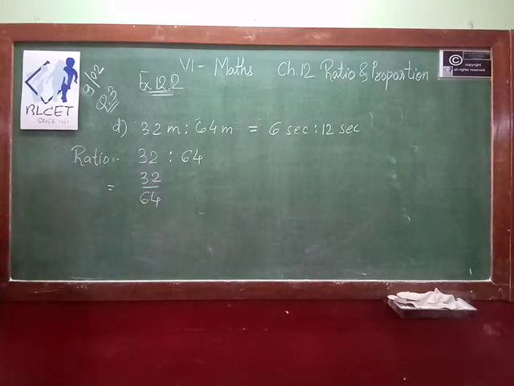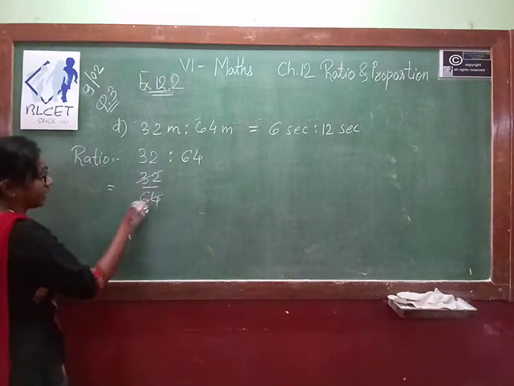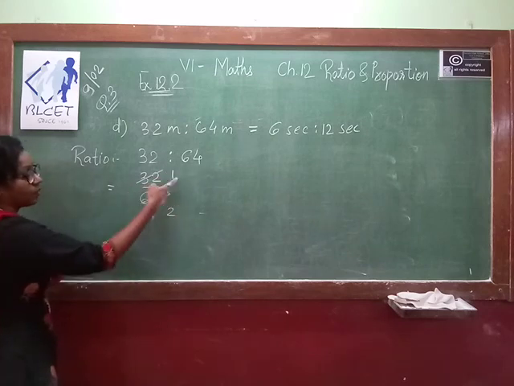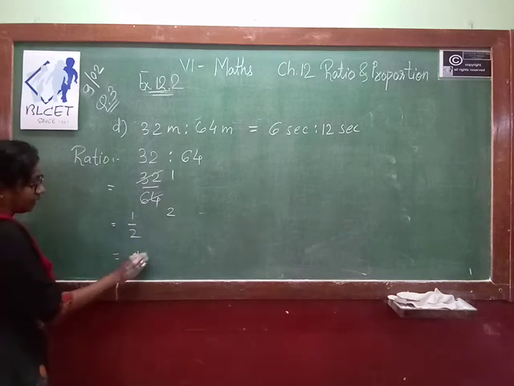We know that both the terms are divisible by 2, or we know that 32 2s are 64. So directly we can do the cancellation. 32 1s are 32 and 32 2s are 64. So what are we getting? Ratio 1 by 2, which is equal to 1 is to 2.